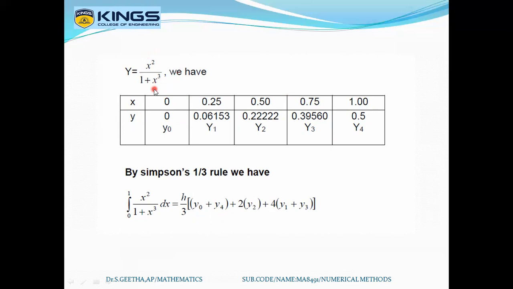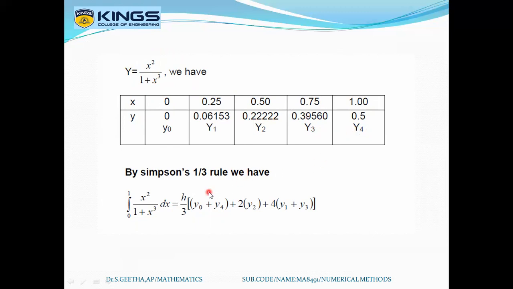We can use calculator to find the value of y, which is equal to 0.06153. When x equal to 0.5, y is equal to 0.22222. When x equal to 0.75, this is the value of y. When x equal to 1, y is equal to 1 by 1 plus 1 power 3, so 1 by 2, which is equal to 0.5.